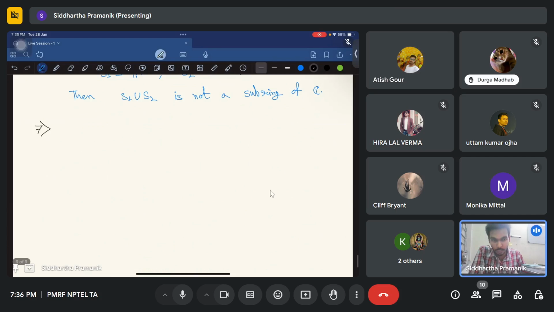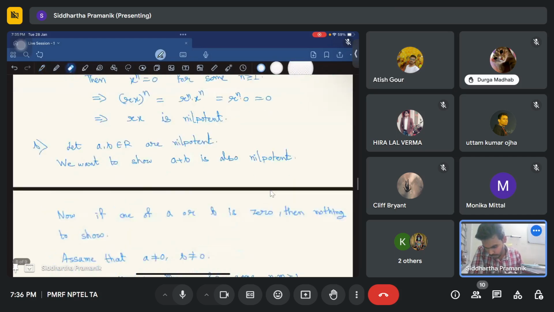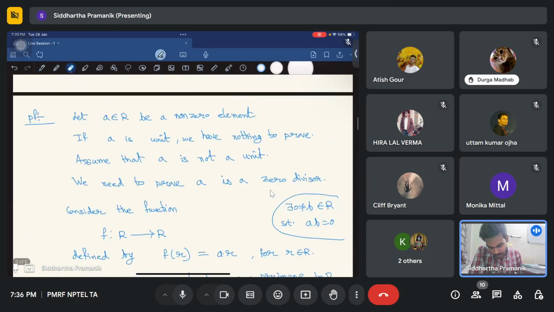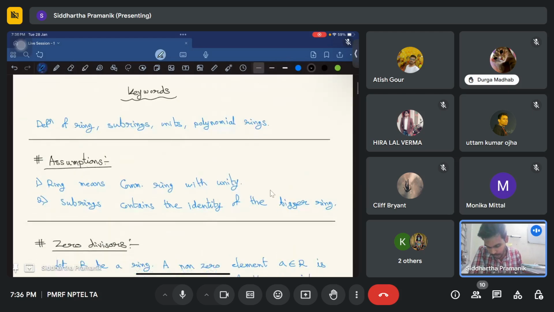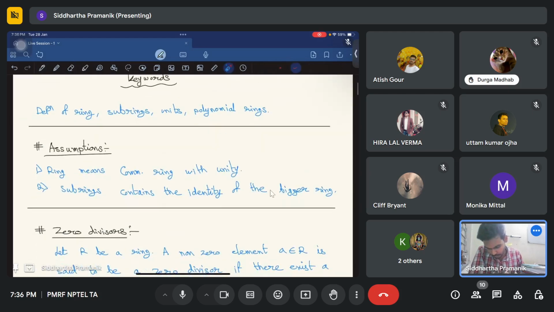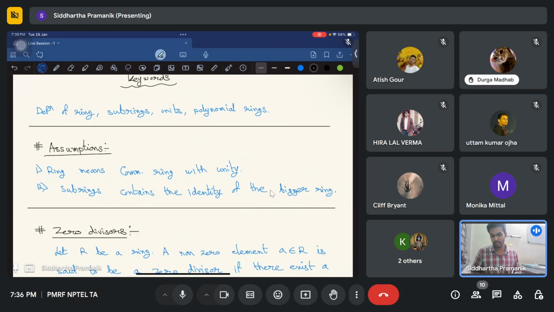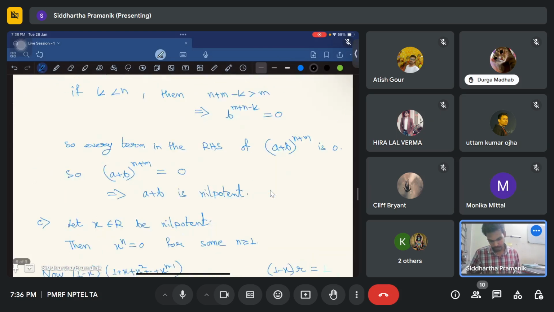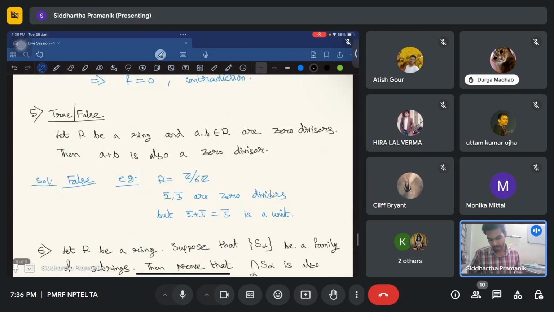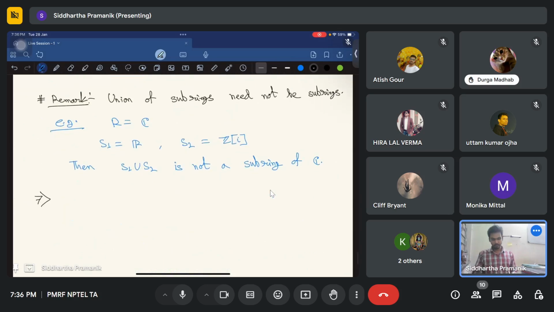But you need to be careful here, because in this course we are assuming that subrings contain 1, right? So 2Z and 3Z are not subrings in our assumption. So you need to be careful in that sense. Otherwise, your example is fine. That's why I have already mentioned the assumptions in the beginning. Okay.